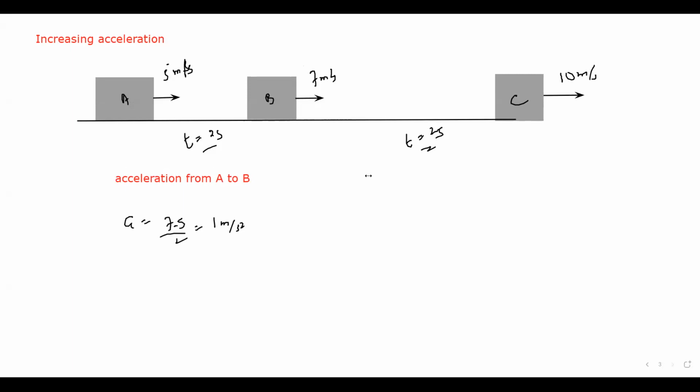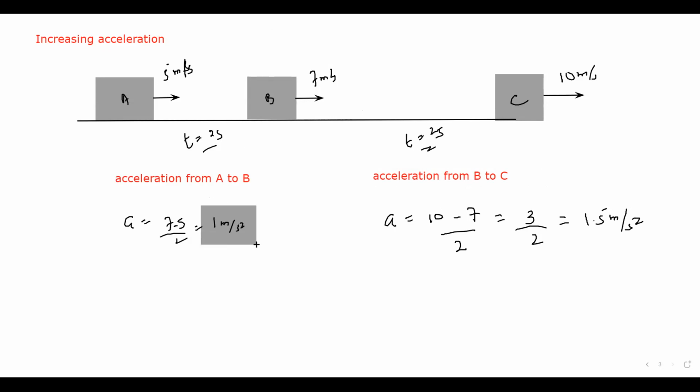When you calculate the acceleration from B to C, the final is 10, initial at B is 7, divided by time is 2. So 10 minus 7 divided by 2, 3 divided by 2, equal to 1.5 meter per second square. So what is happening to the value of the acceleration?